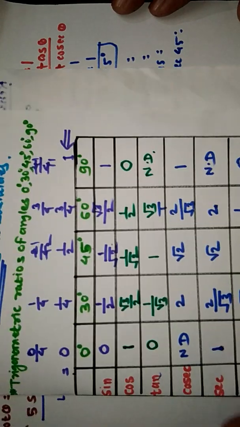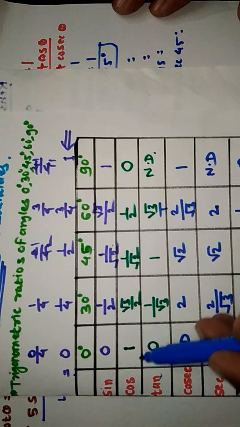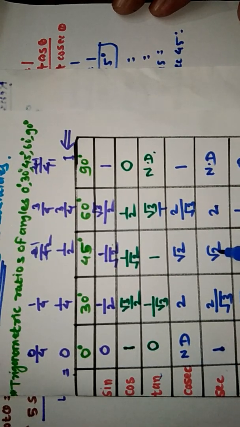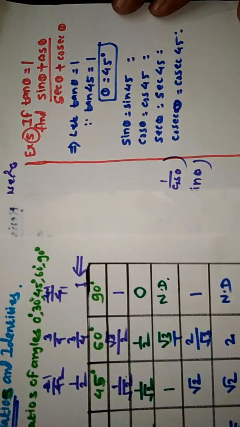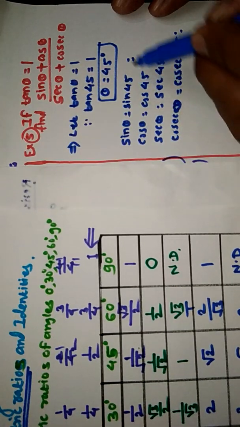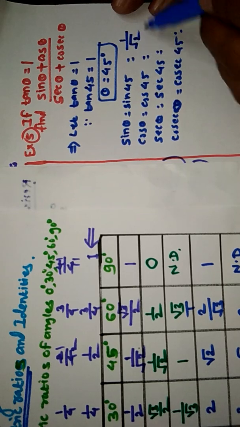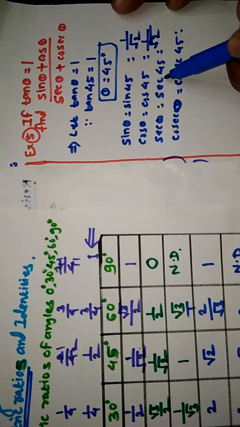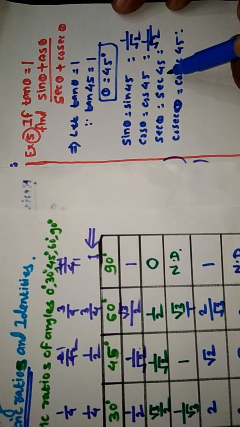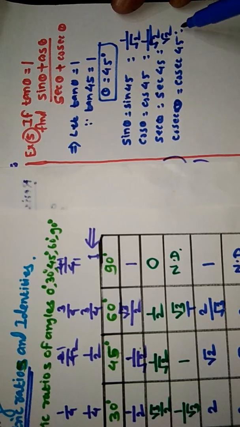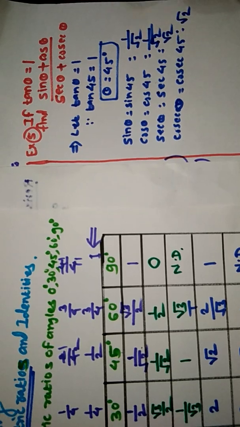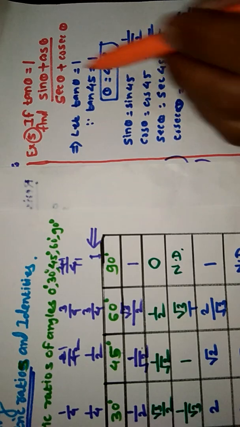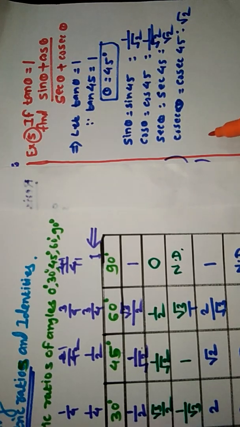Sin 45 is 1 upon root 2, cos 45 is 1 upon root 2, cosec 45 is root 2, sec 45 is root 2. Substitute the values from the table: sin is 1 upon root 2, cos is 1 upon root 2, sec 45 is root 2 and cosec 45 is root 2. Using these values, substitute in this term.